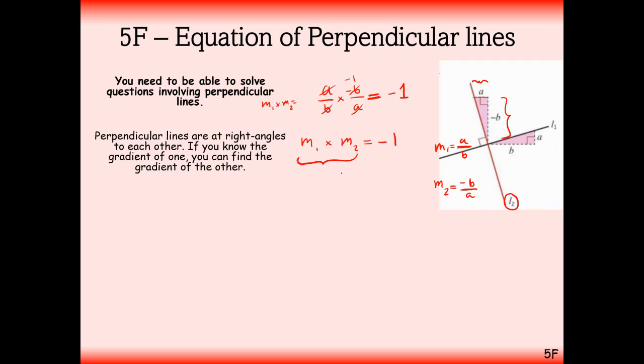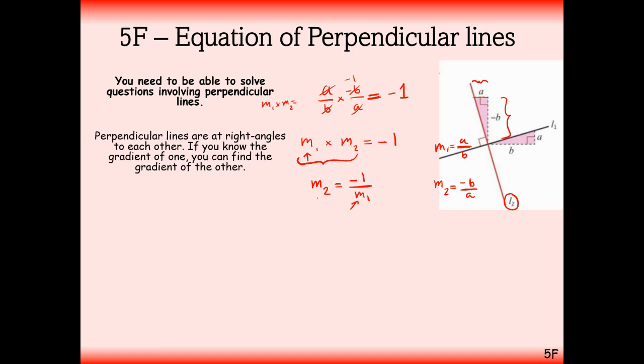That means if we know m1 but we're looking for m2, we can divide both sides by m1. So m2 is minus 1 divided by m1.